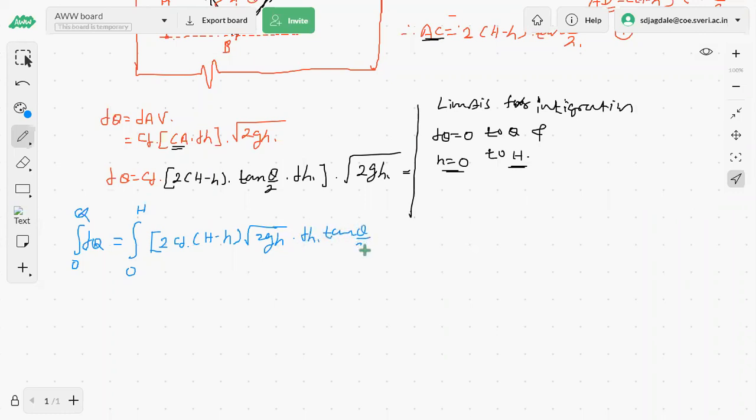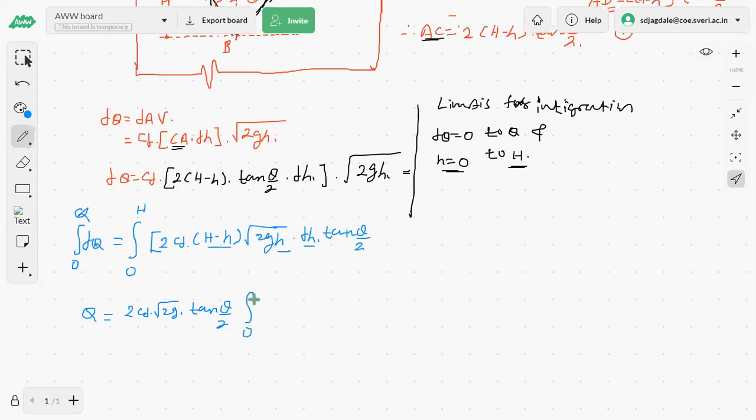Just I want to make the terms separate. मला dh, h ह्या terms एकत्र पाहिजे आहेत, and other things are constant, so I would have to take them as outside. So this will become Q, upper limit minus lower limit. So 2 times Cd under root 2g tan theta by 2, that will be the constant.